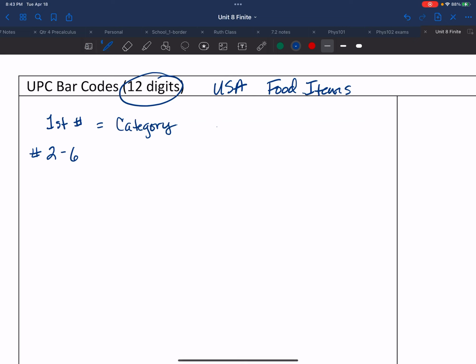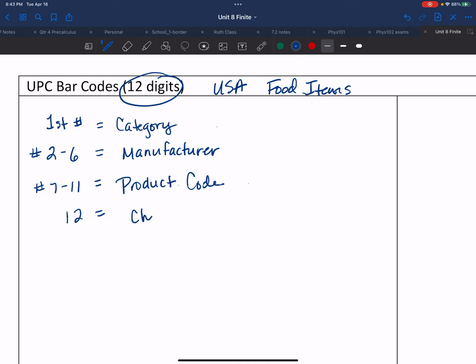In numbers 2 through 6, that's going to be your manufacturer. And then your numbers 7 through 11, those are going to actually be your product code. So that's how you tell the difference between Wheaties and Cheerios. And then the last digit is going to be your check digit.